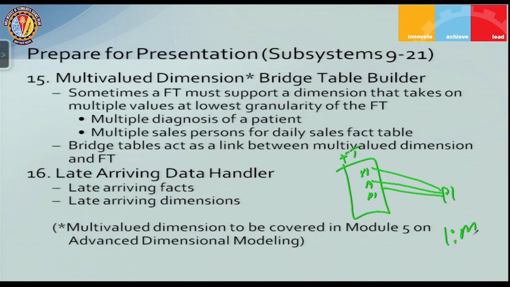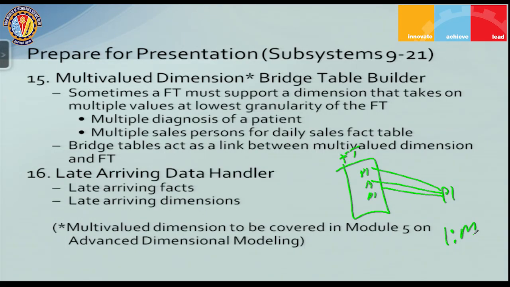And similarly, multiple salespersons for a daily sales fact table. I have a daily sales fact table, and I record the total units sold for a product on a single day. But now suppose I want to associate the salesperson who carried out that particular transaction. I will not be able to do that, because during the day there will be multiple salespersons at the sales counter.